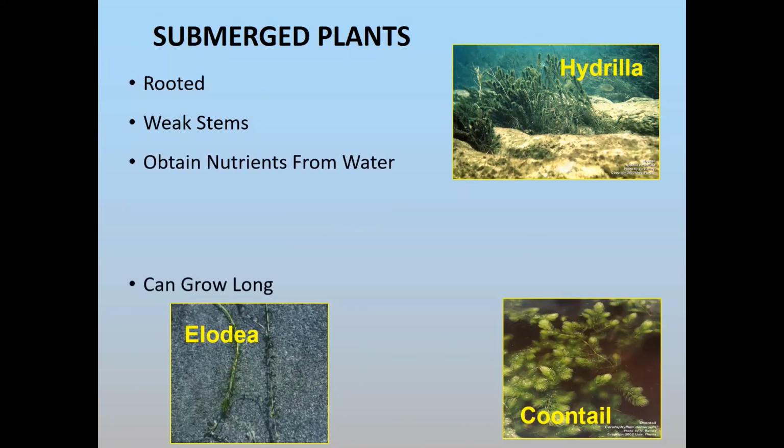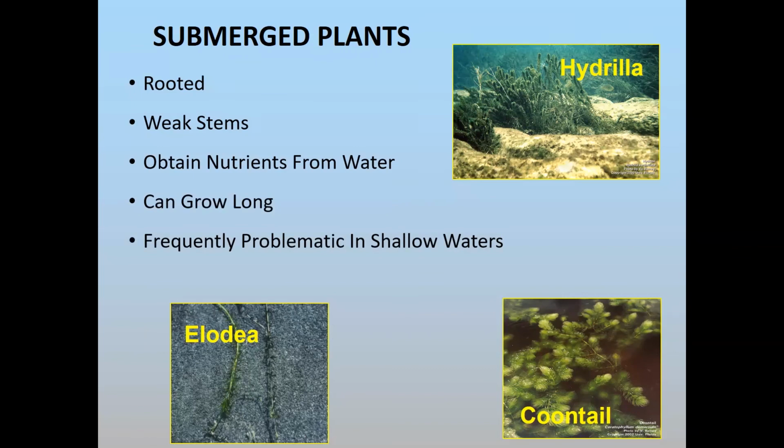Again, these are rooted. They take up the nutrients. In shallow areas, this can be a problem, particularly where sunlight's able to penetrate to the bottom. And these plants, again, if the nutrients are there and they have the sunlight there, they can get pretty thick in coverage.